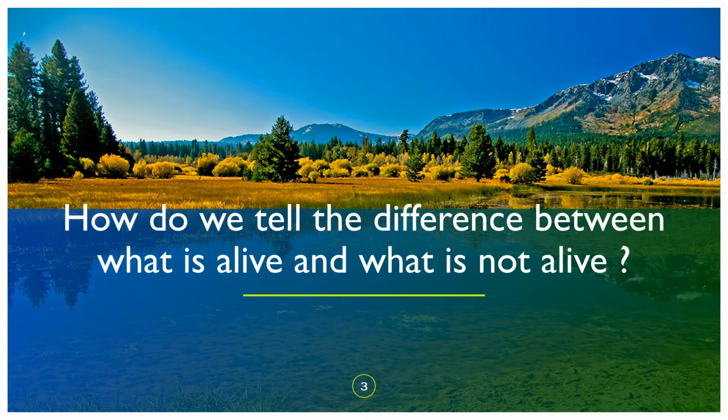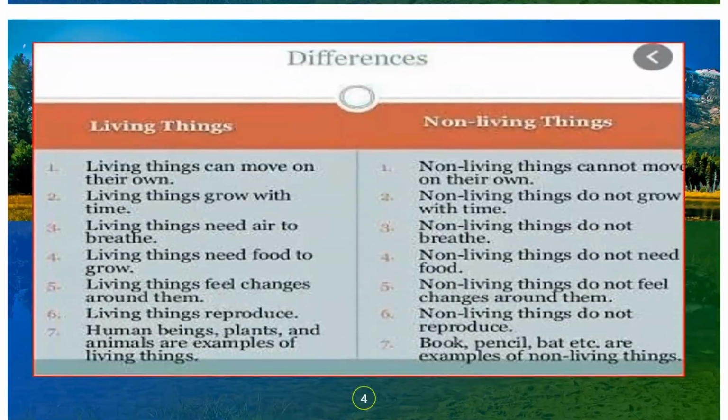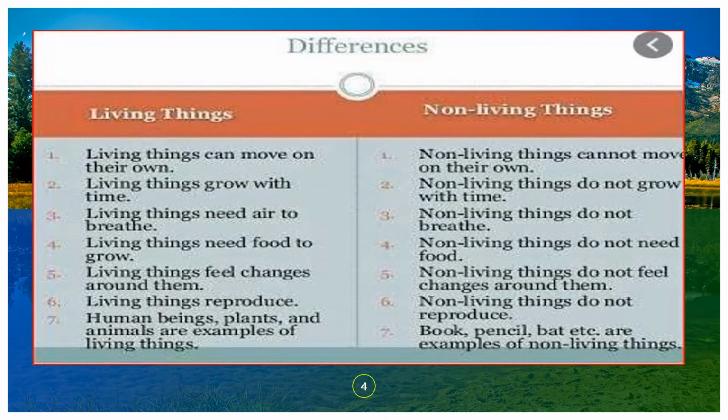Okay. So generally, alive things are known as living things, or sometimes they are also called living beings, whereas those things which are not alive are known as non-living things. So what is the difference between them? Living things can move on their own, whereas non-living things cannot move on their own.